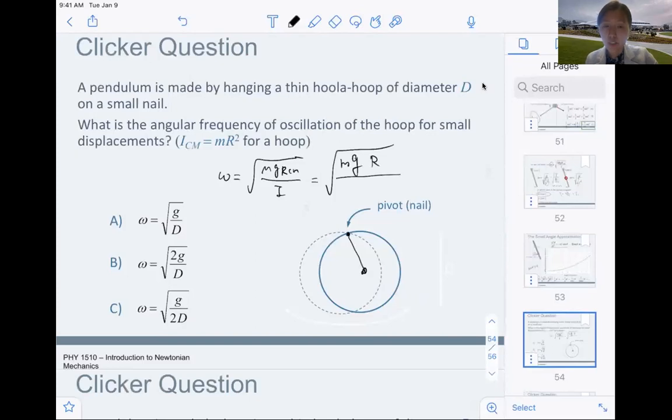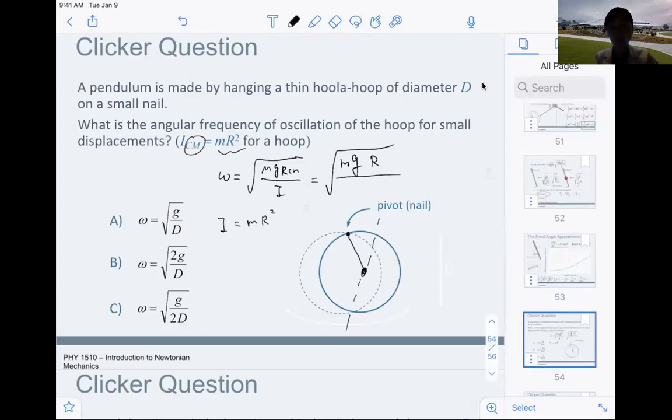Do you know the rotational inertia of the hoop? We do, right? For a hoop, all the mass is concentrated at the same distance, so it's really just the sum of all the masses times r squared. So it's the total mass of the hoop times r squared. But remember, that is relative to the center of mass. If you're rotating about the center of mass axis, then it is mr squared.